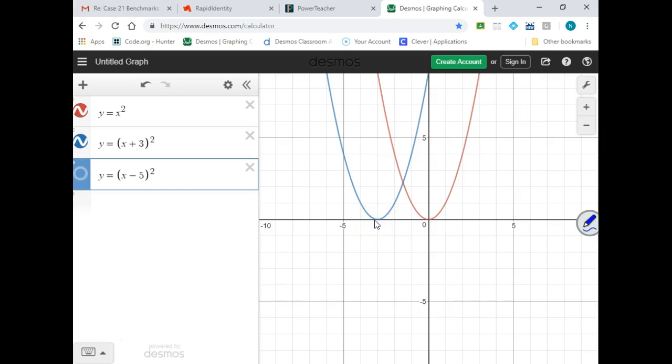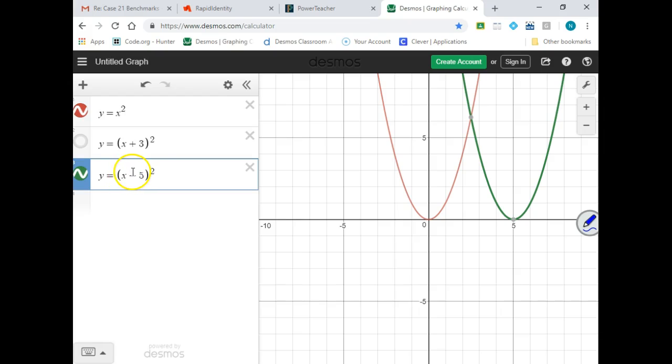That might be the opposite of what you would think would happen, but putting that plus 3 inside of the parentheses is going to move the graph in the opposite direction. Rather than going to the right 3, as you would expect, it moves to the left 3. Whenever we look at (x minus 5) squared, we can see here that this time the graph is moved to the right 5 units.